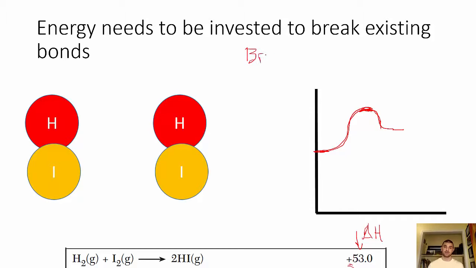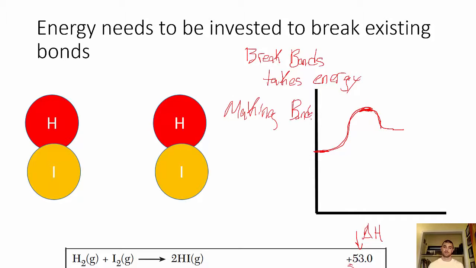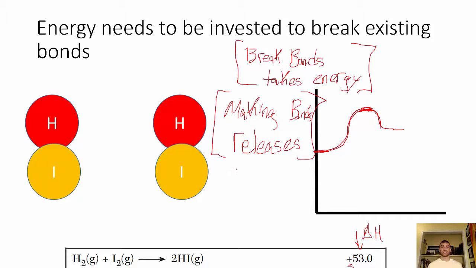So breaking bonds takes energy. And making bonds releases. Now what happens overall is dependent on how much energy you need to put in versus how much energy you got out.